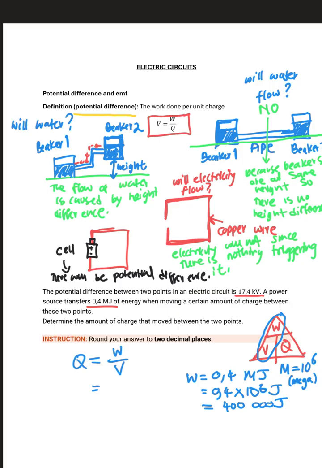And then V is given as 17.4 kilovolts. We're going to change it into volts, right? We have to make sure that the units are in their SI units. So V is 17.4 kV. The k means kilo. It stands for 10 to the power 3.